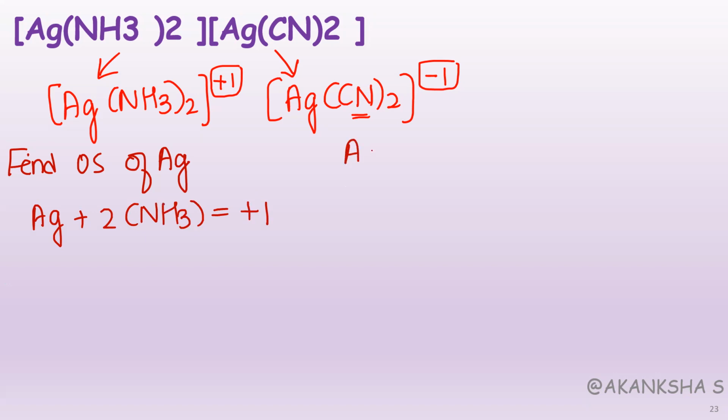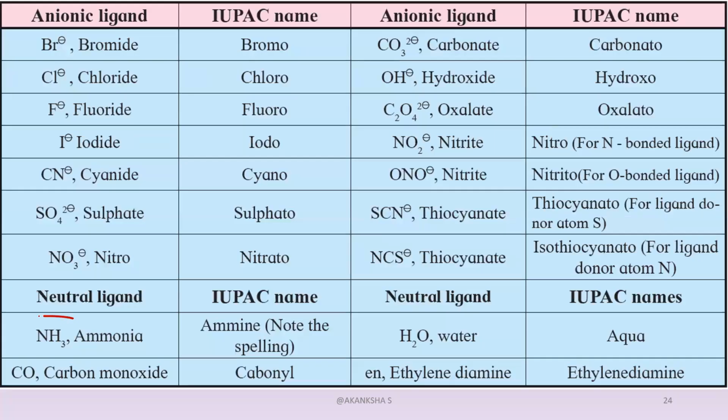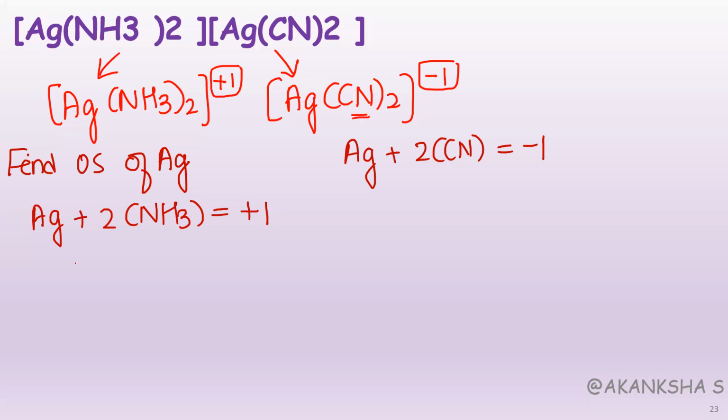We have 1 silver plus 2 CNs giving -1. Let's see the charges over here. NH3 carries a 0 charge. CN carries a -1 charge. Let's substitute. Ag plus 2 times 0 gives you +1. That means Ag is +1 in the first complex.